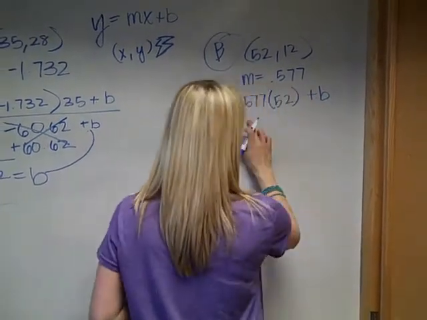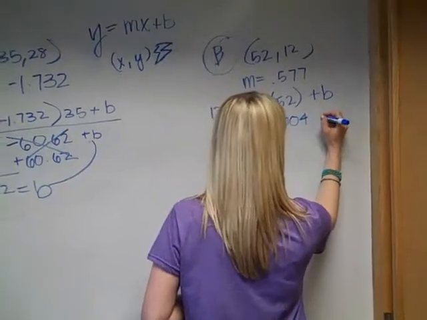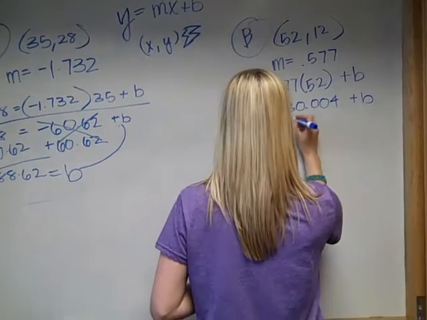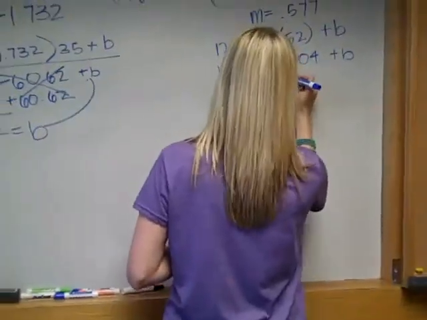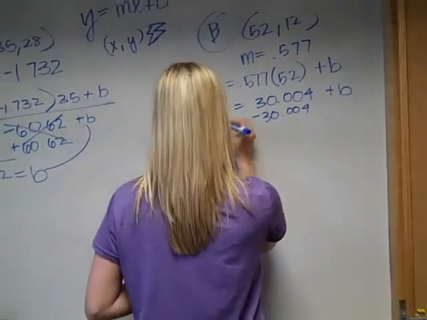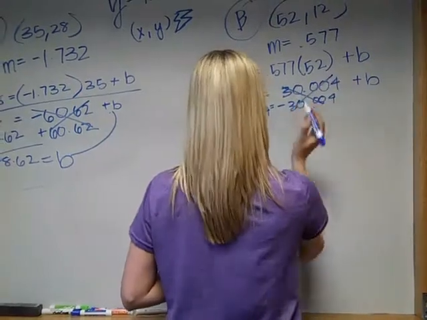Now, multiply 52 by 0.577. It's 30.004, plus b, and that equals 12. So now we're going to get b by itself by subtracting 30.004 from both sides. I should be able to do that in my head, but I didn't.